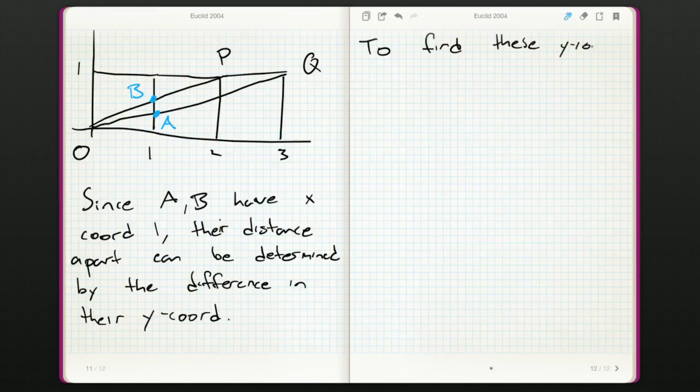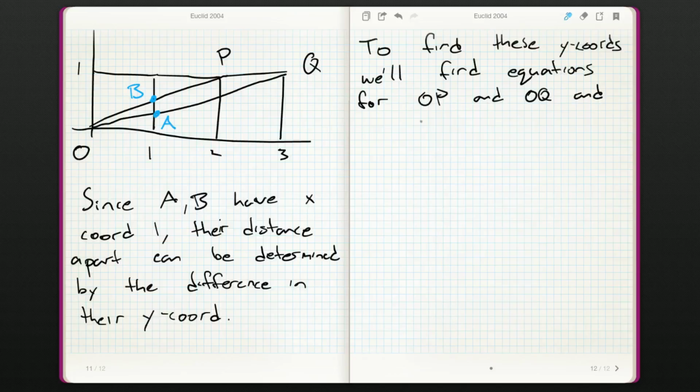To find these y-coordinates, we'll find equations for OP and OQ, and then let x equal 1, because we already observed they have the same x-coordinate of 1. And that'll get us the y-coordinates, and that'll be fine. Okay, so we've got our plan of attack.